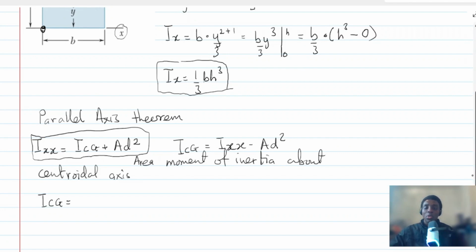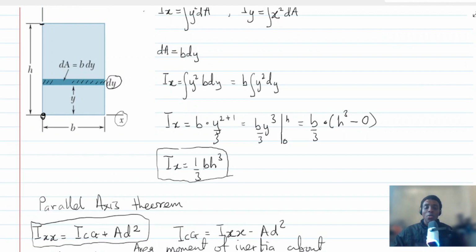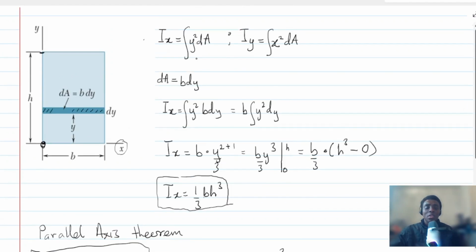That's all. From the diagram, what is our centroid? Whenever you have a rectangular area, your centroid will always be at 1/2 of the height. Okay, so let me clear this.